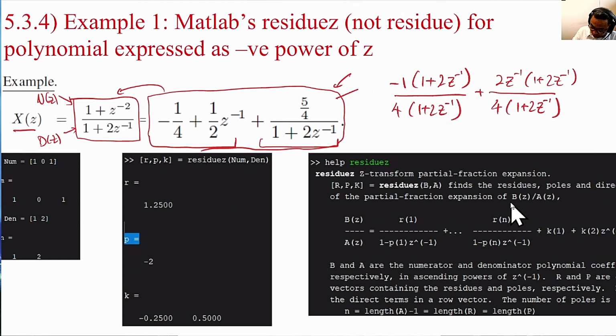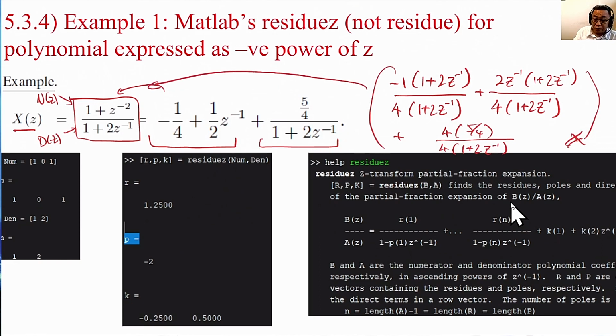The last expression also needs a common denominator, so it is 4 times 5 over 4, and the bottom is 4 times (1 plus 2z^-1). Now if you work this out and simplify, you will get the expression over here on the left. How to go from here to this expression is simply by long division. You can try it out by yourself.